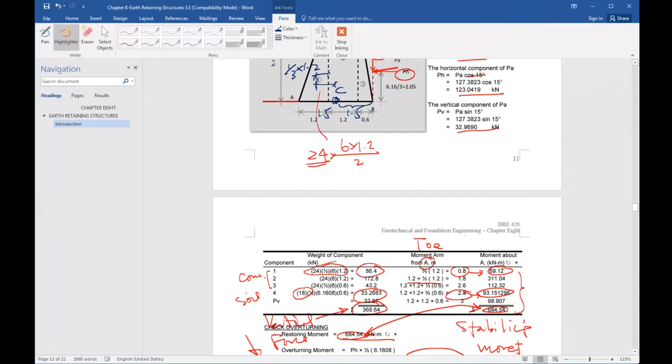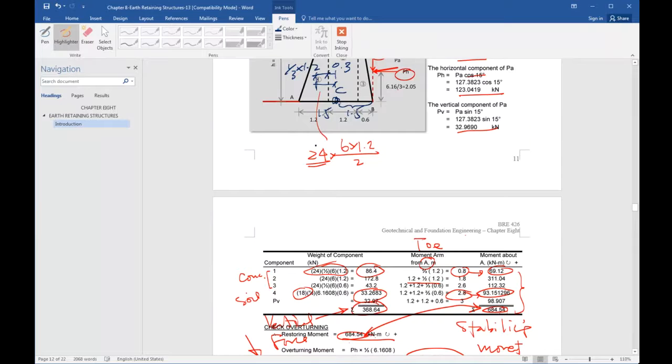And what about here? That's 1.5, 1.2, 0.6 is equal to 1.8. 1.8 minus 1.5 is equal to 0.3, right? So the distance between the centroid of element 1 and the center is equal to 0.4 plus 0.3, equal to 0.7 meters, right?